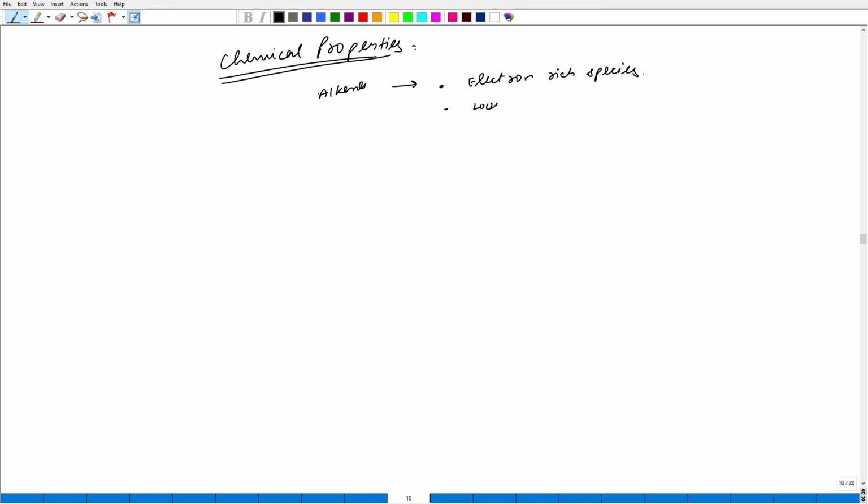These are loosely held pi electrons, and due to these two properties, these are electron rich species. This is the reason this gives the oxidation reactions.